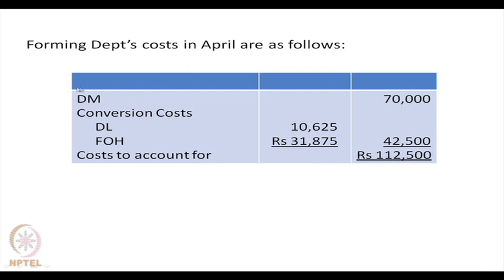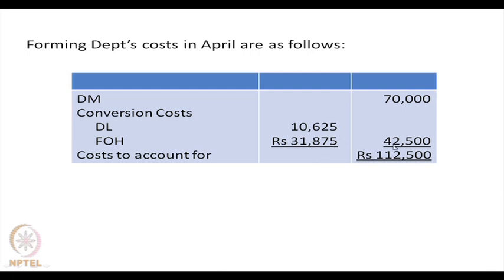We found out that the direct material that was requisitioned and used in the forming department for the 25,000 toys cost rupees 70,000, and that in the forming department in April direct labor charges were 10,625 rupees, factory overhead was rupees 31,875.